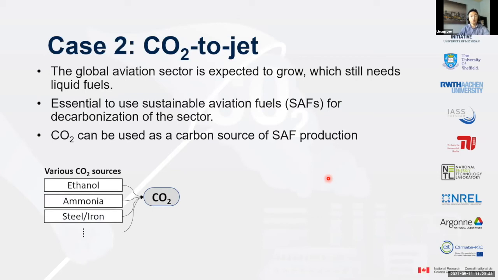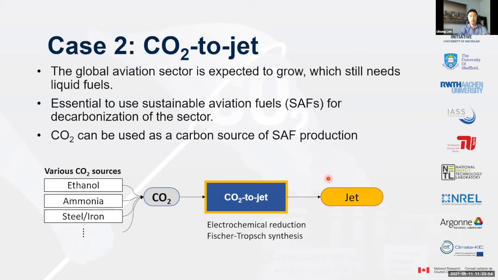So again, we can use various CO2 sources like ethanol and ammonia, steel and iron, or again, the power plants or DAC. Once the CO2 is captured, we can utilize the CO2 using electrochemical reduction, generating syngas, mainly carbon monoxide.